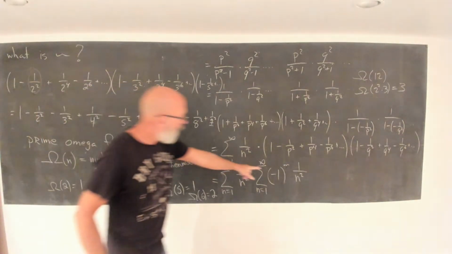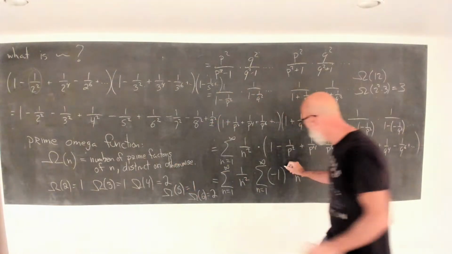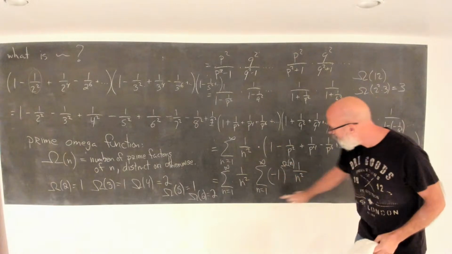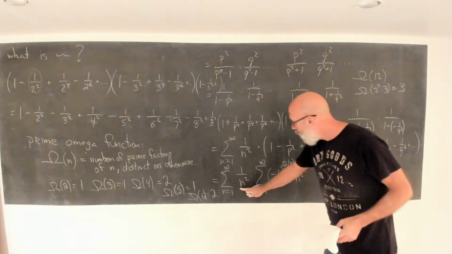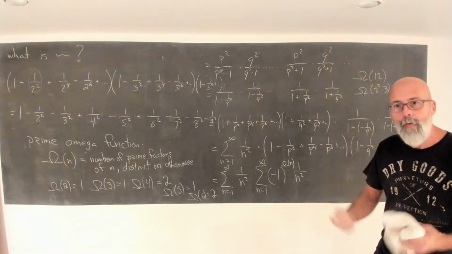This function, this series, is the series such that when you multiply it to 1 over n squared, you get 1 over n to the 4.